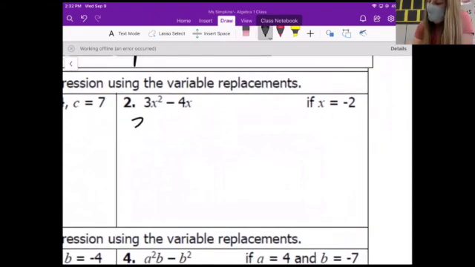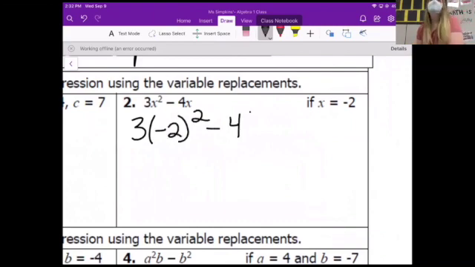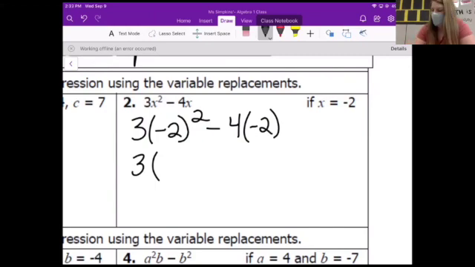So 3 times -2 squared minus 4 times that -2. So again, if we're following order of operations, we want to use that exponent first. So -2 times itself. What's -2 times -2? 4, +4, beautiful. Minus 4 times -2.